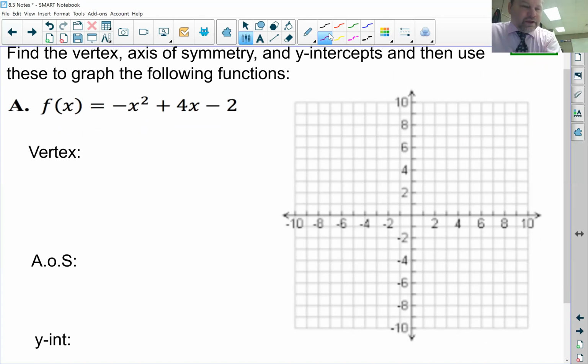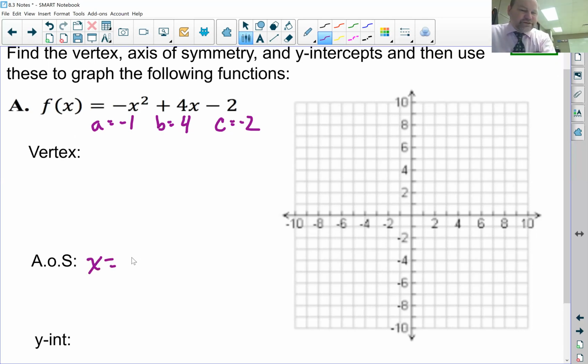So again, I am going to write down A is -1, B is +4, C is -2. And I'm going to start with the axis of symmetry. To me, it's just easier.